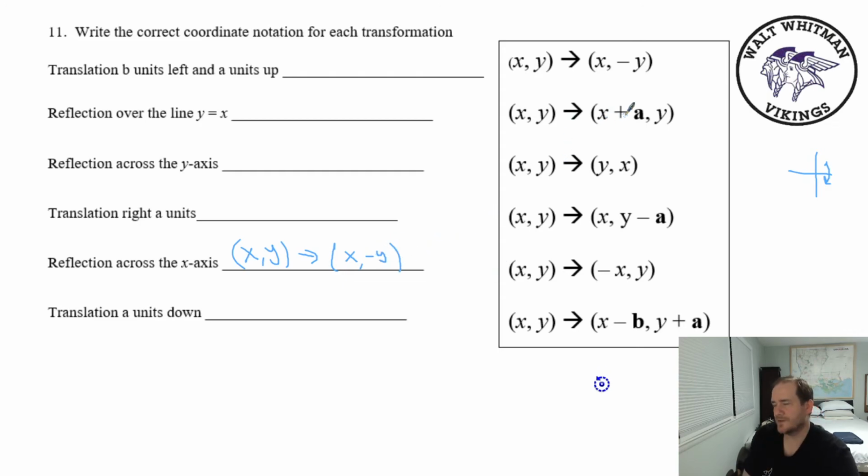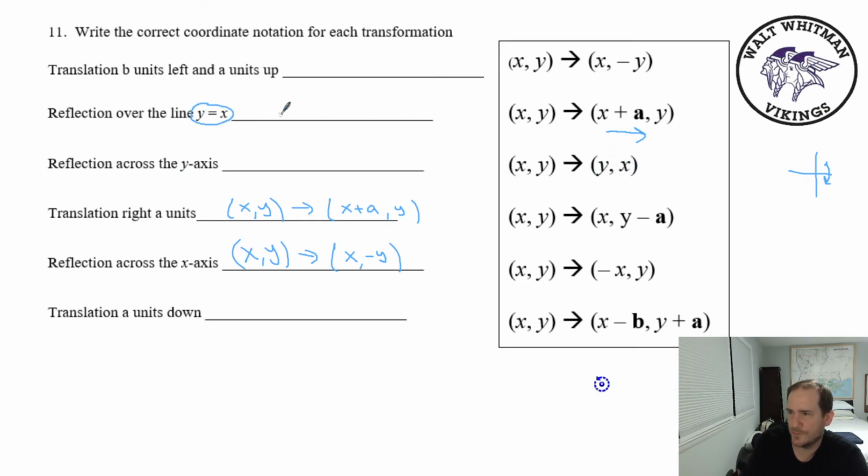All right, the next one, if we're adding a onto x, that's going to push us to the right. So you're looking for translation a units right, and there it is here. So that again is xy mapping onto x plus a comma y. The next one, we see the coordinates flipping, so that's the reflection over this diagonal line.